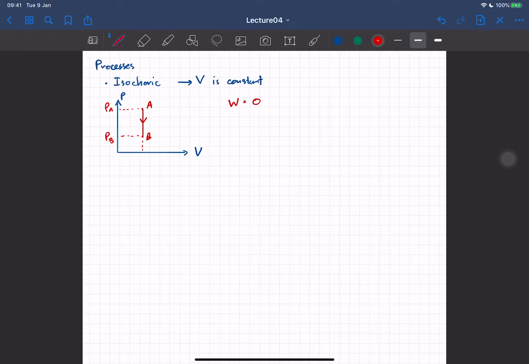When W is 0, then it's very easy to write down the first law, which is delta U equal to Q minus W, right? But W is 0 in this particular process, so we can ignore the work done. So that just means delta U equal to Q.